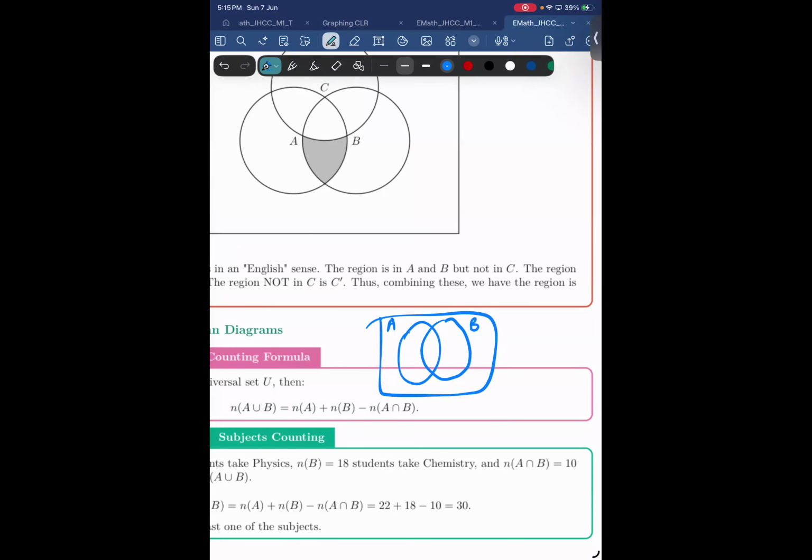I have the number of elements of A, the number of elements of B, and the number of elements of the intersection. This formula gives us a way to write the union in terms of A, B, and the intersection.